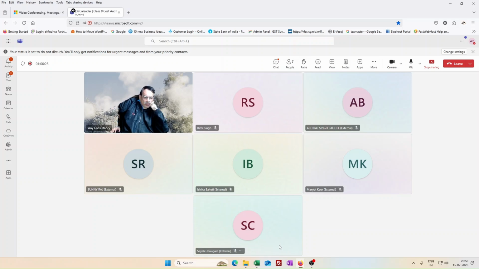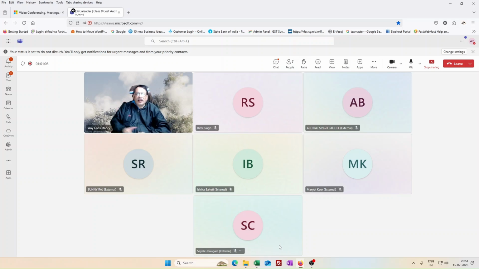Value addition means when a product comes to you and you increase its durability or increase your shining or increase your efficiency or increase your potentiality, something you have added so that the product or service can be better than other from what you have received.